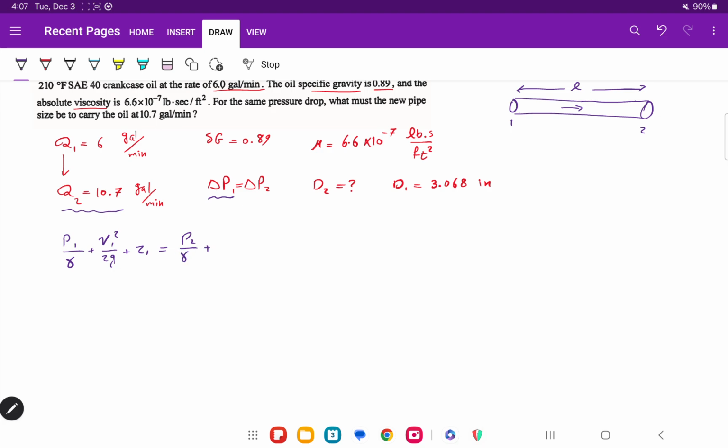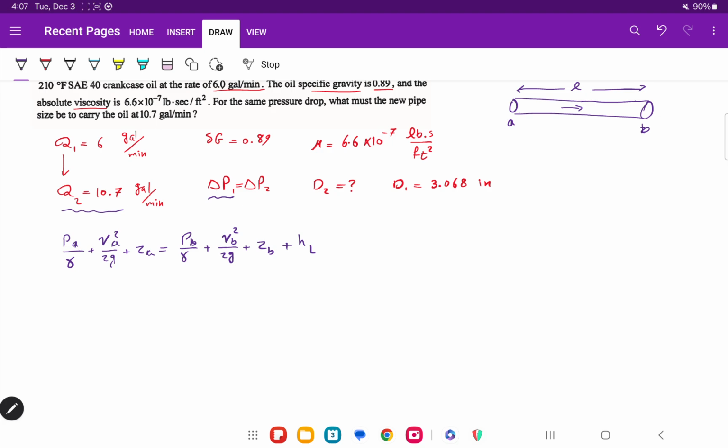There is no pump or turbine. Plus V2 square over 2G plus Z2 plus HL. And I think I have to change the subscripts. So here is A, here is B, because we had 1 and 2. So this is A, A, B, B, and B.